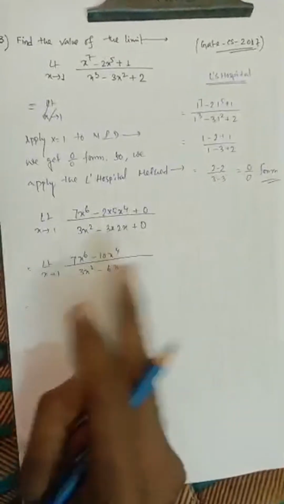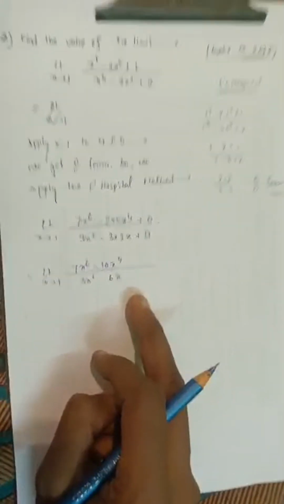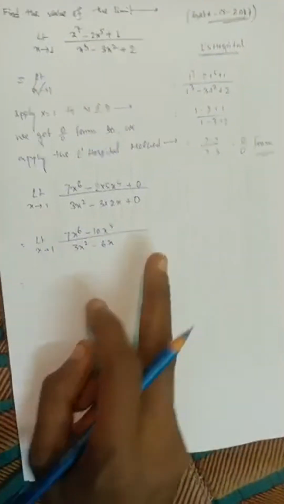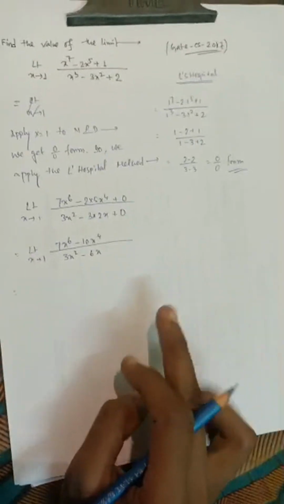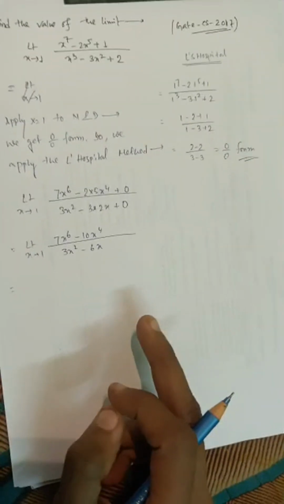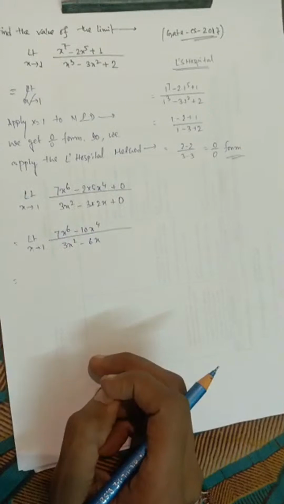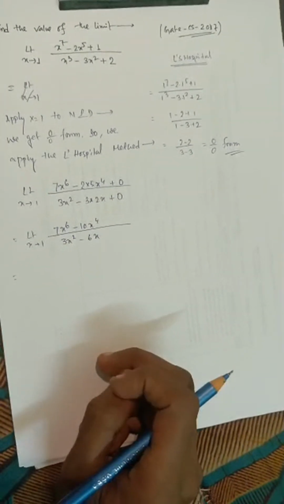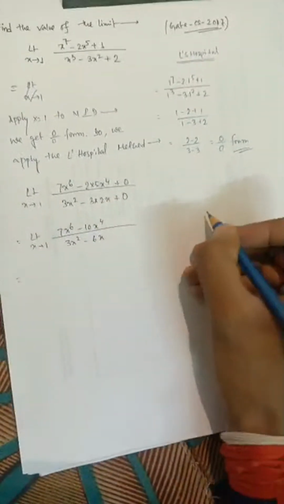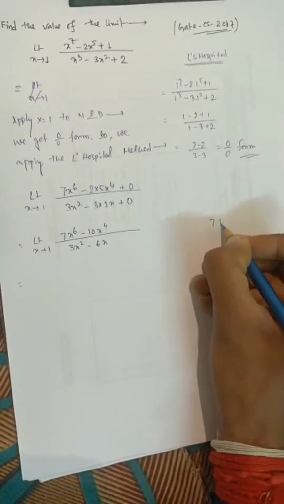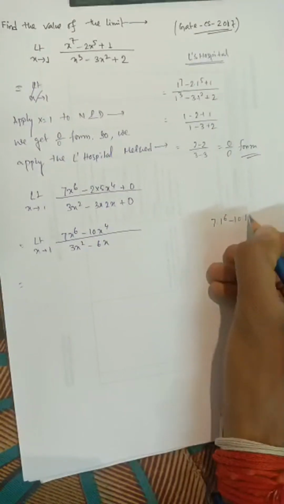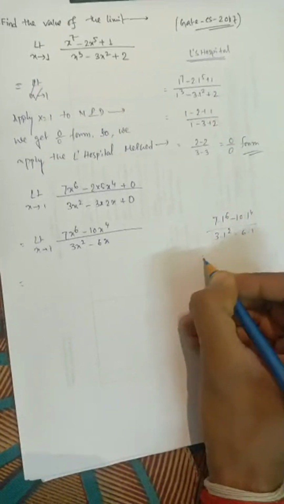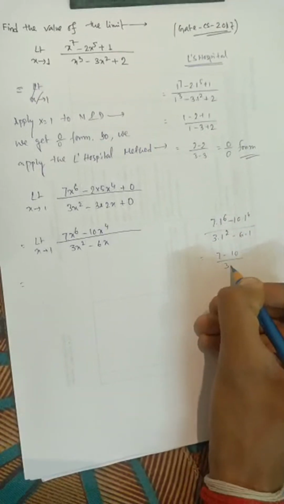Again we put x equal to 1. If we get 0 by 0 form again, then we can apply L'Hospital's method again. If not, then we can simply calculate the answer. Putting in 7 into 1 to the power 6 minus 10 into 1 to the power 4 upon 3 into 1 square minus 6 into 1, we get 7 minus 10 upon 3 minus 6.